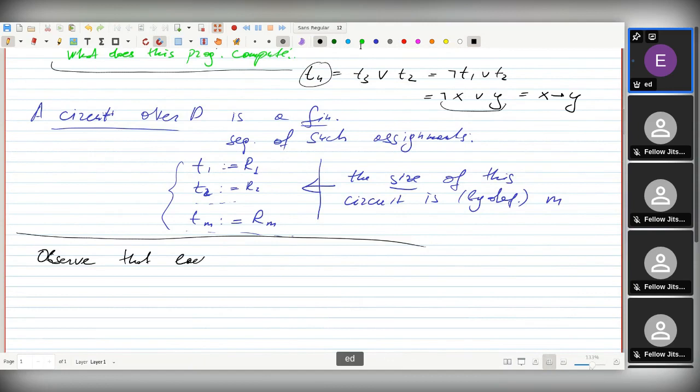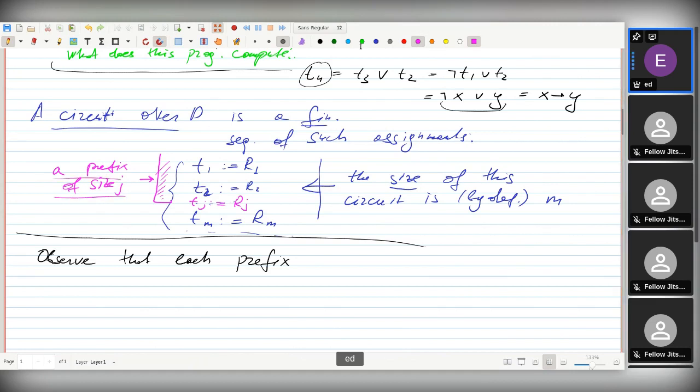Observe that each prefix, what is a prefix? A prefix of a finite sequence is its initial segment, the piece that starts at the beginning point of our circuit, including all the assignments up to one of them. Say up to this one. A prefix of size j.